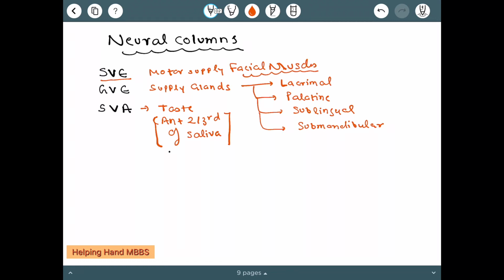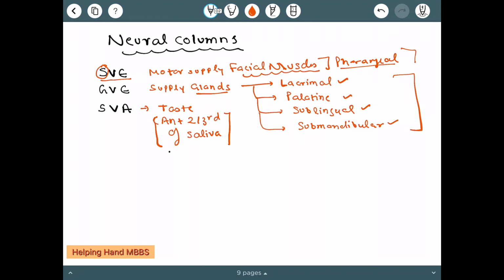Motor supply to facial muscles because it is a pharyngeal arch muscle, second pharyngeal arch. So we apply special here. So SVE, that is motor supply to facial muscles, and then GVE, it supplies glands, various glands like lacrimal gland, palatine gland, sublingual gland, submandibular gland. We will see all these branches.